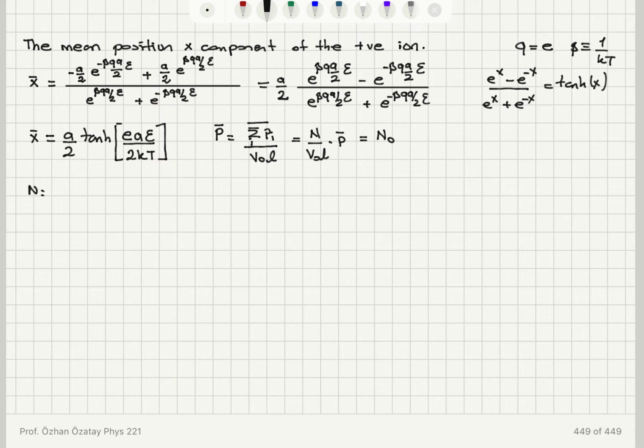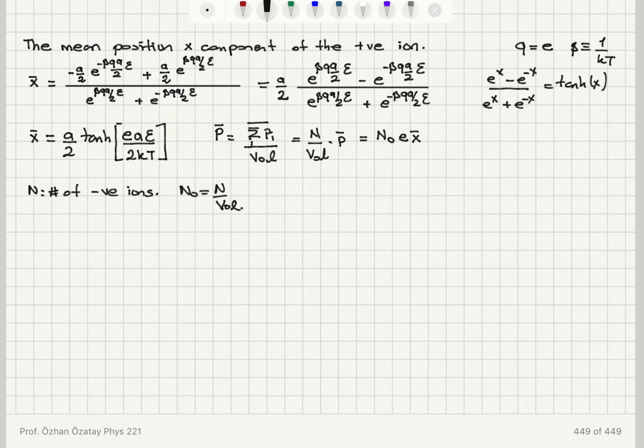So N is the total number of negative ions. N0 is N divided by V, volume. So we have N0 times the electron charge E times X bar will be my answer.